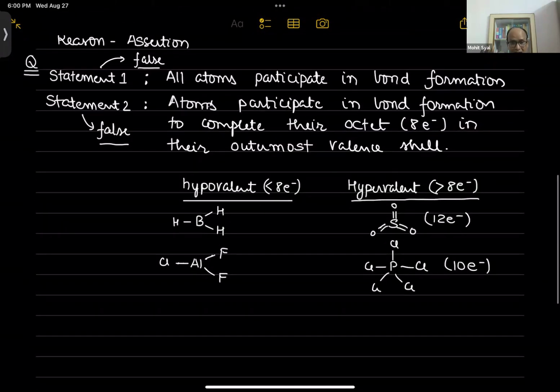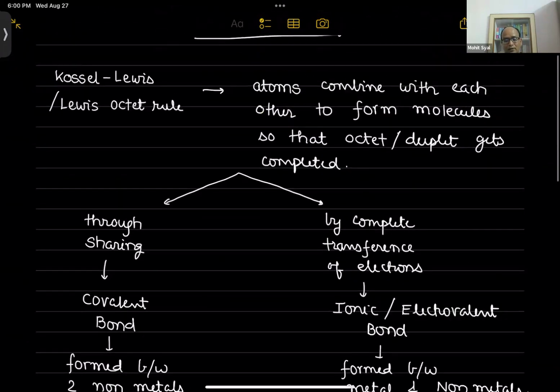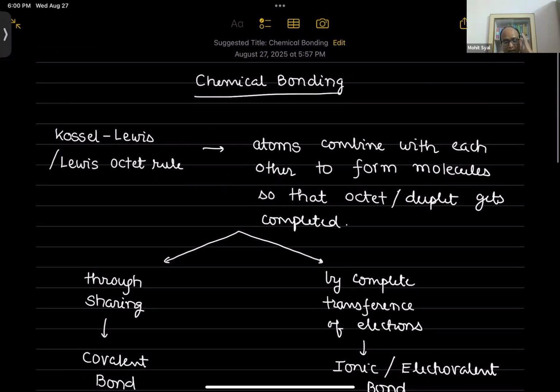But it started from the Lewis approach. Lewis actually thought of only the octet rule in mind, and he started with the octet rule. That's why it is also called the octet rule. So as per Lewis, why do atoms participate in bond formation?